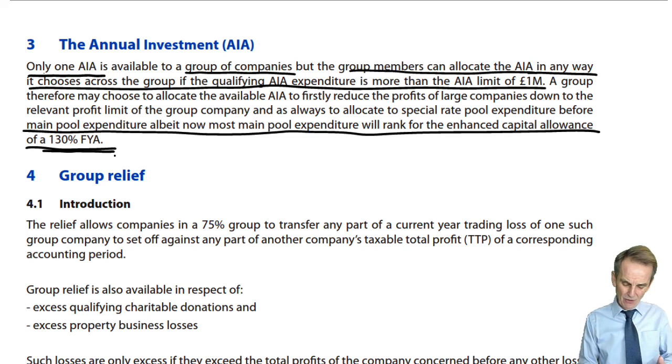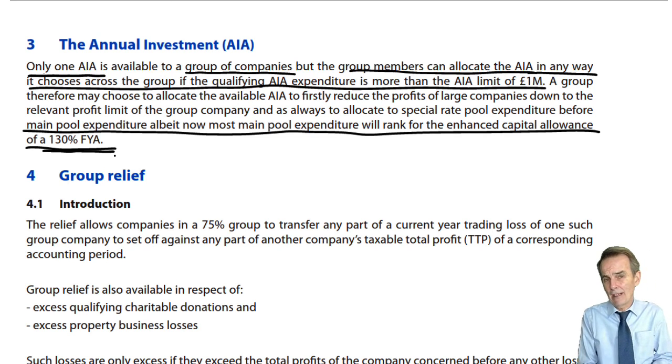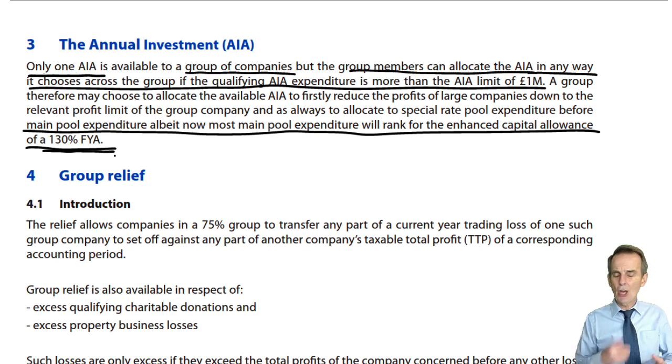So the issue that I'm about to relate to in these notes is only going to be an issue if that total of special rate pool expenditure qualifying for AIA in the entirety of the group exceeds £1 million. If it does, then we've got a decision to make. Where should we allocate the available £1 million AIA amongst the group?